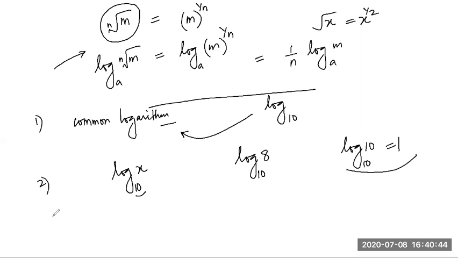This is the second thing. The third point to ponder, students, I think you already know this: log of 1 to the base 10. Anyone knows what this is? 0.